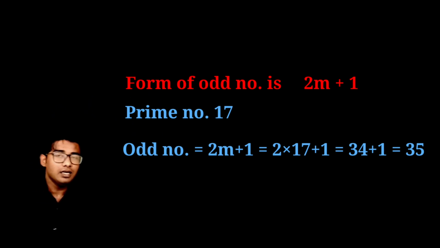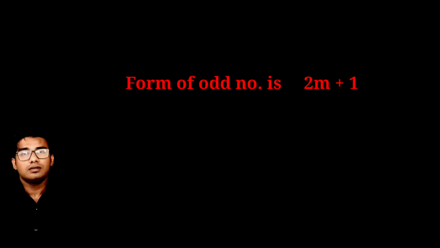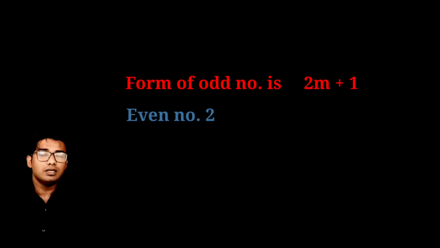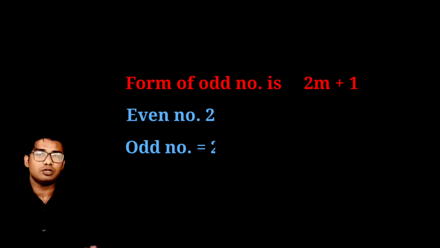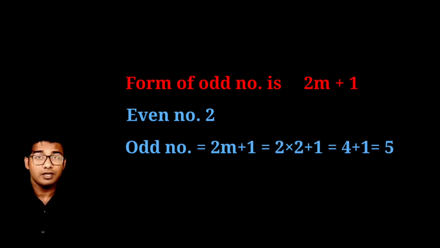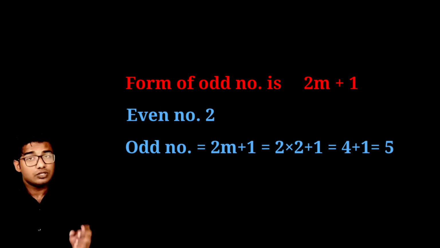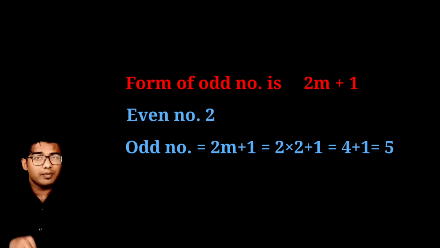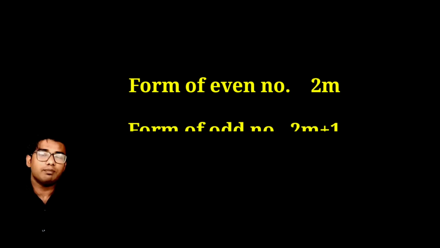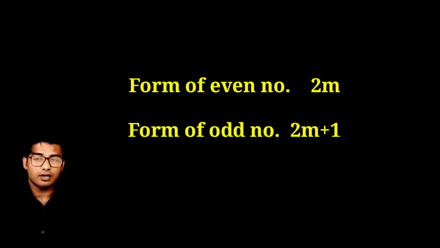Again take an even number, 2. So 2m plus 1 equals 2 multiplied by 2 plus 1. The result is 5, and 5 is an odd number. So just remember: 2m is the form of an even number and 2m plus 1 is the form of an odd number.